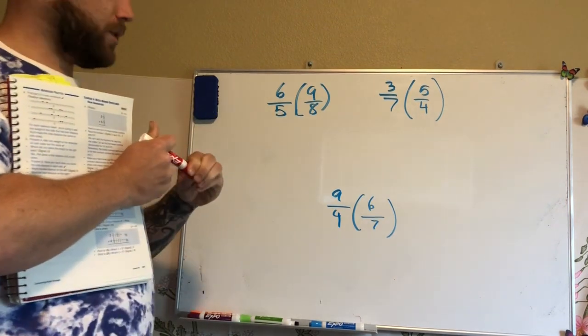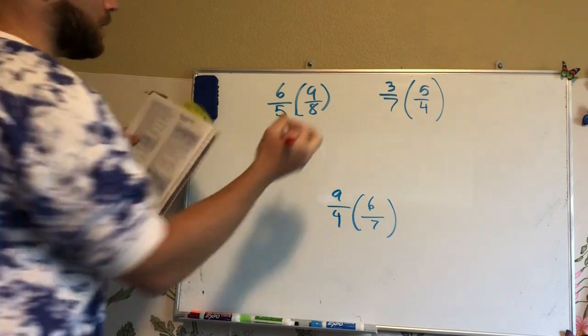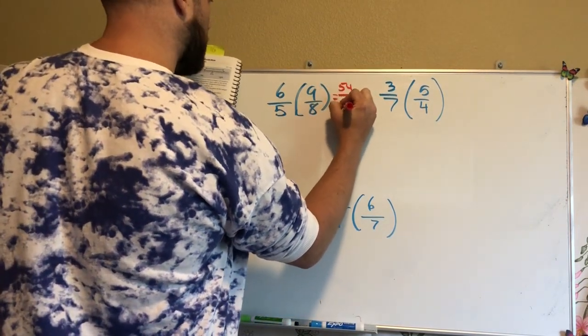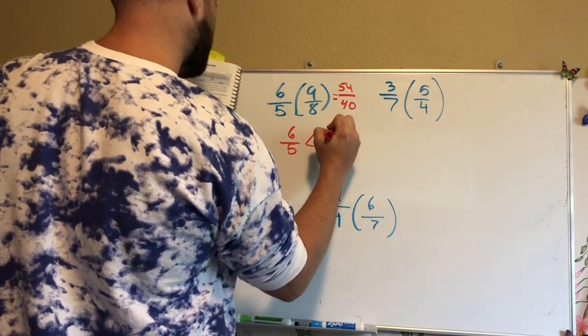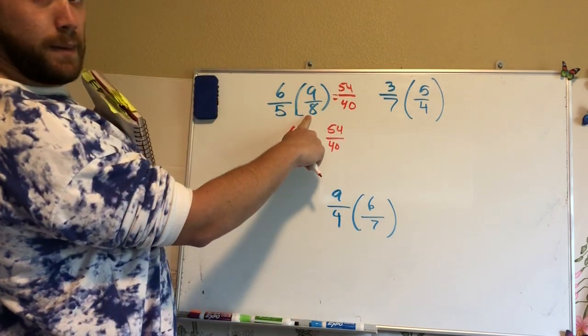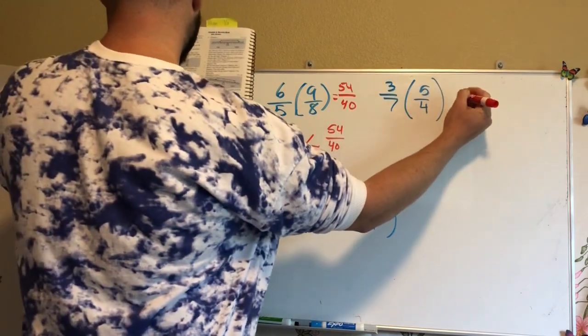And here is how you should have solved. This would have equaled 54 over 40, meaning that 6 over 5 is less than 54 over 40. Like we said, because you're multiplying by a number that's bigger, you know the answer is going to be greater. Next one.